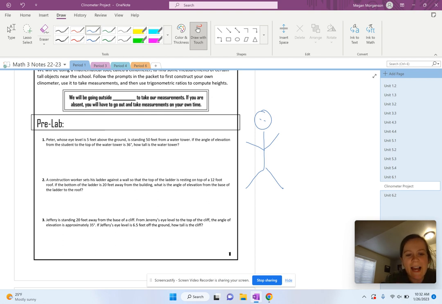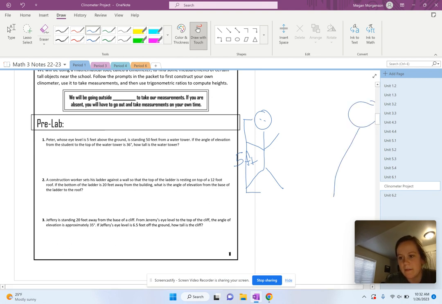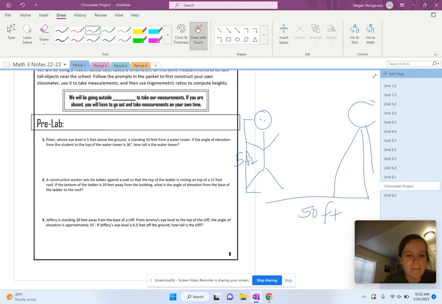His eye level is 5 feet above the ground, so I'm going to label that 5 feet. He is standing 50 feet from a water tower. So the water tower is over here. This is not drawn to scale, but it's fine. There's a water tower, 50 feet between them.